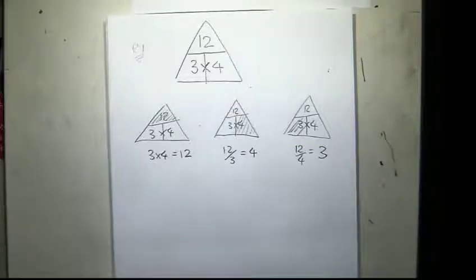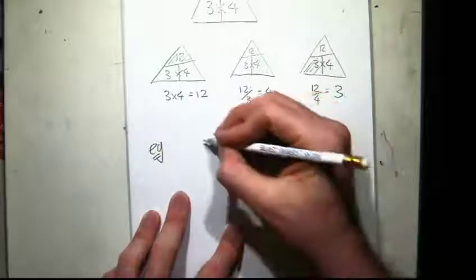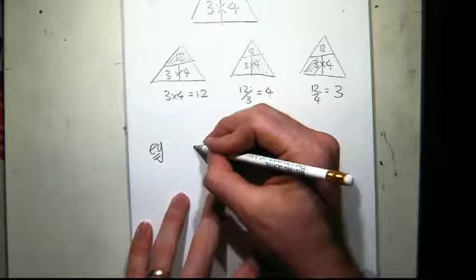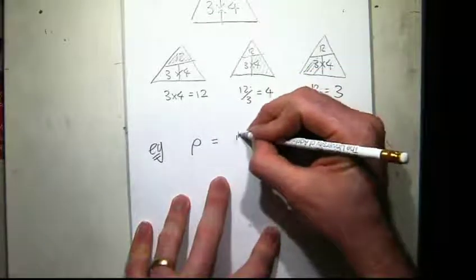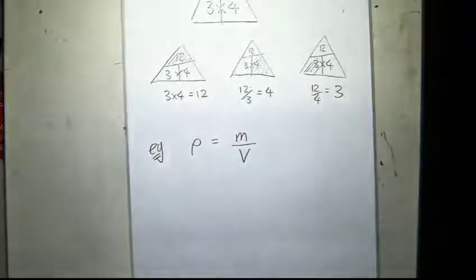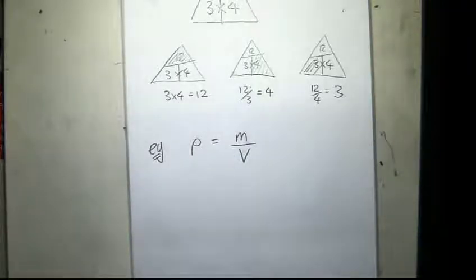What that means is that when I see formulas like, what's a good one? Like density equals mass divided by volume, that formula there, well, if density is equal to mass divided by volume, we have this picture, right?